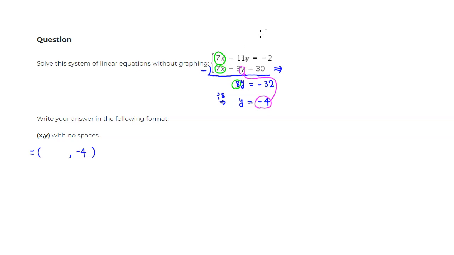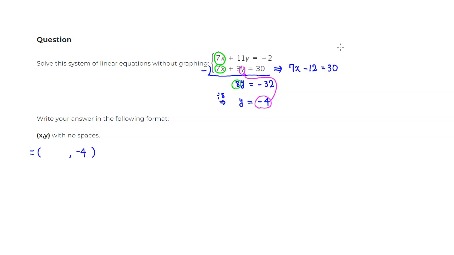So we get 7x here, and if you plug in negative 4 there, 3 times negative 4 is negative 12. And this has to be equal to 30.